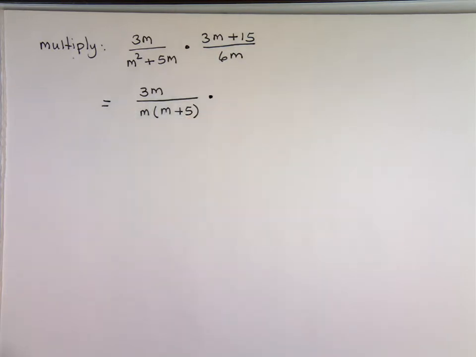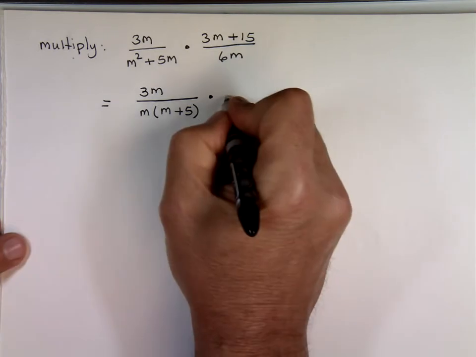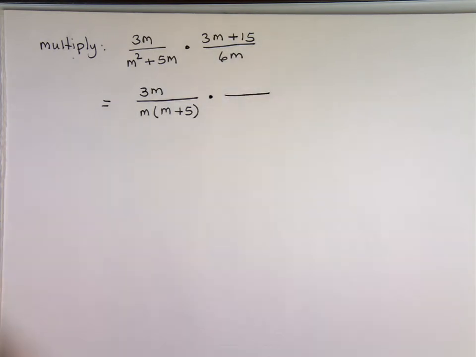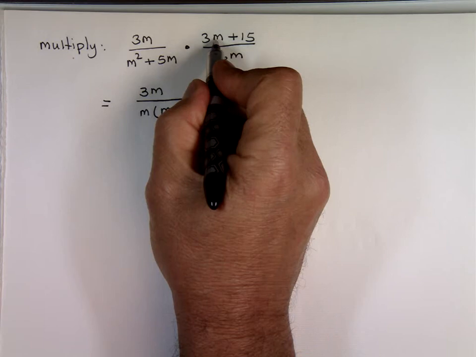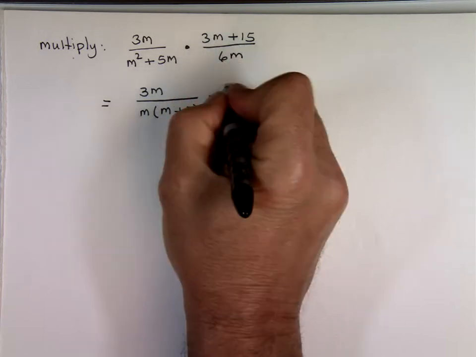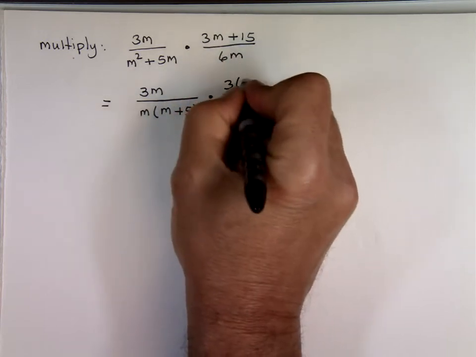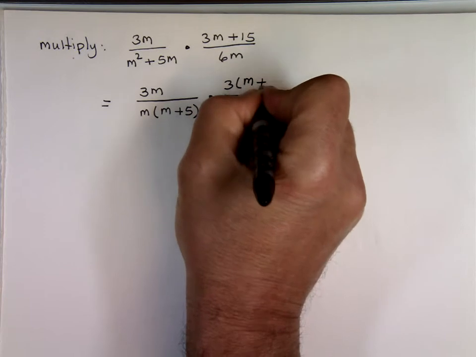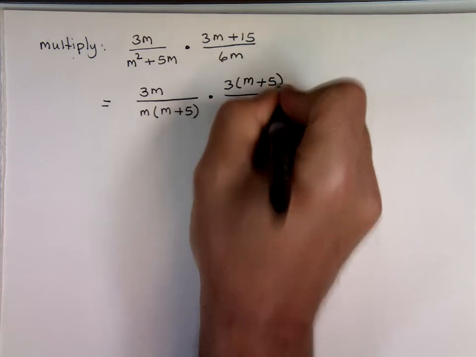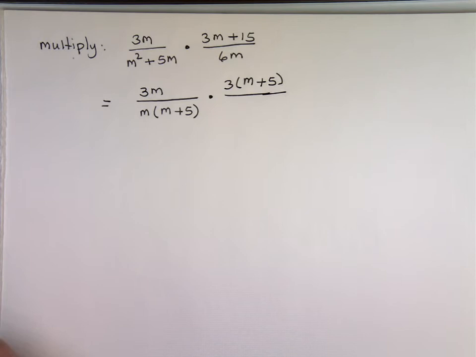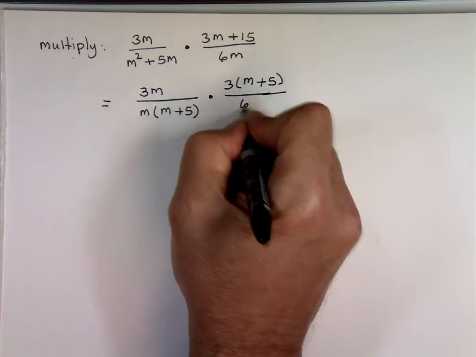Times, let's look at this one. I can take a 3 out. If I take a 3, what's left? M plus 5. And this is the 6m.